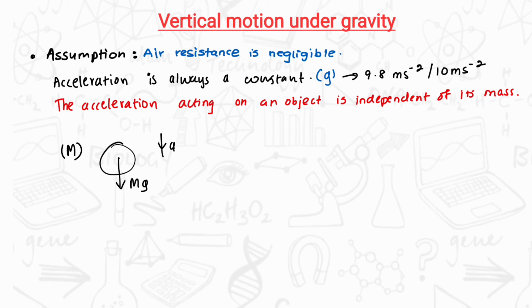Let's say the acceleration is equal to a. If we apply F equals ma downwards, the unbalanced force is mg and the mass is m and the acceleration is a. Therefore, we can get the acceleration is equal to g. Therefore, the acceleration is independent of the mass of the object.